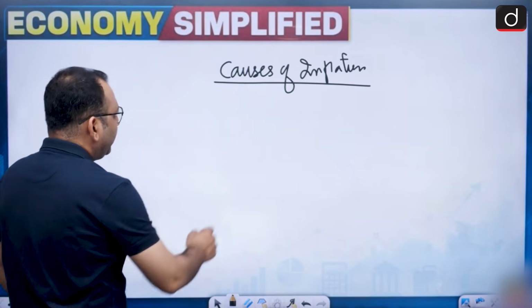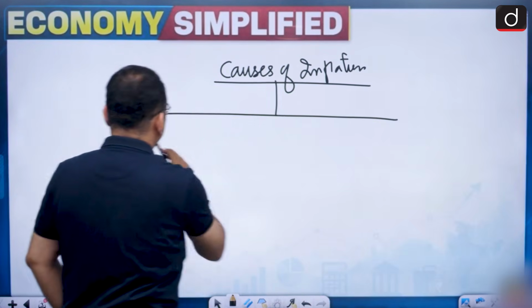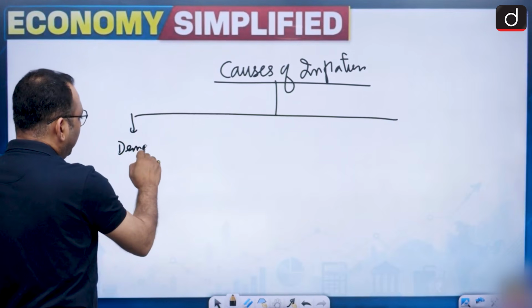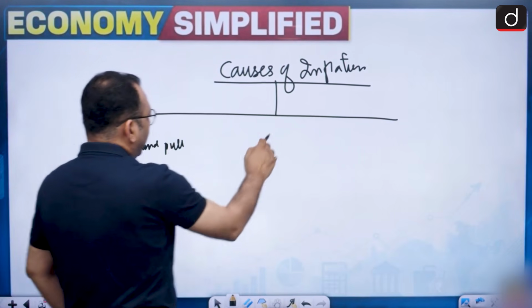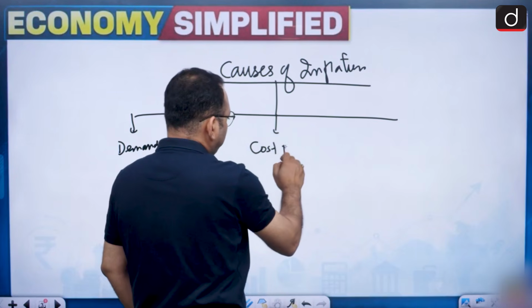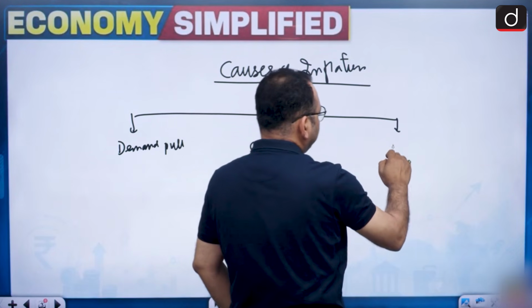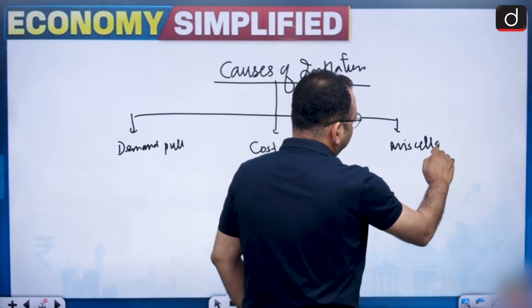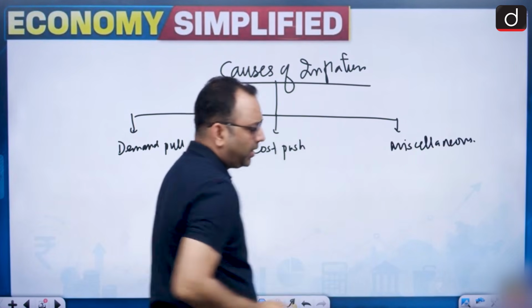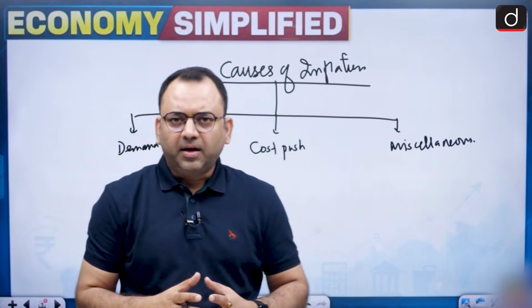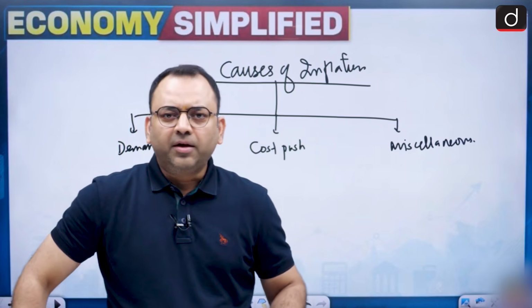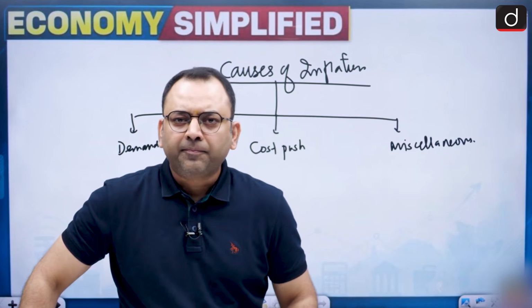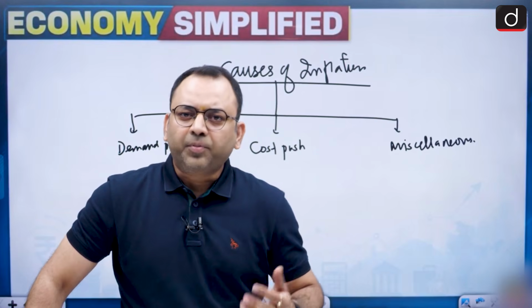One is the demand pull, the other is the cost push, and the third is the miscellaneous. We have three different categories to understand what causes the inflation, what causes the increase in the prices.